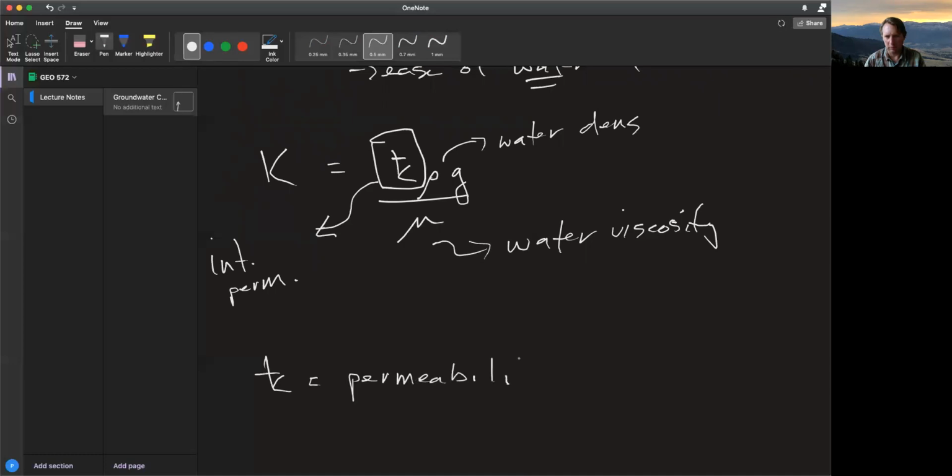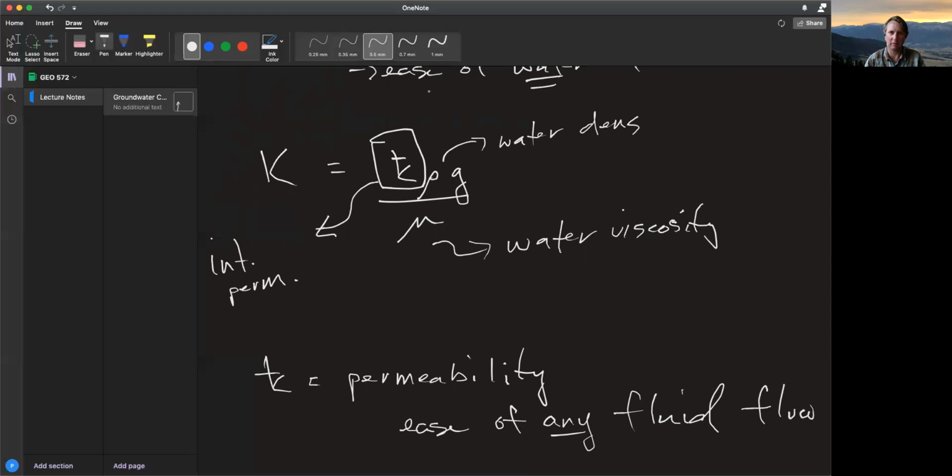We're going to call it the permeability in class, and it's the ease of any fluid flow. It's independent of these parameters for water, so it's independent of density and viscosity.